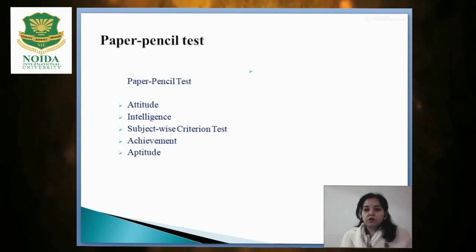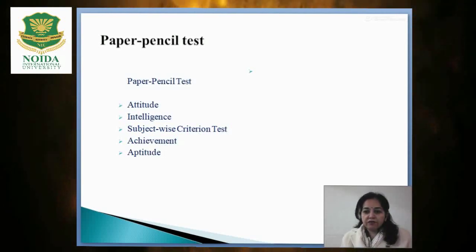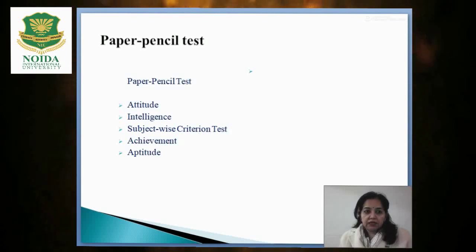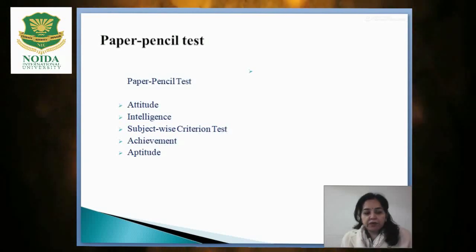Okay students, let us first of all discuss the paper pencil test. A paper pencil test is a standard and very popular test in which a standard set of questions is presented to the students in writing on paper or on OMR sheets, requiring completion of cognitive tasks in the form of responses by the student on those papers with a pencil or pen mark.